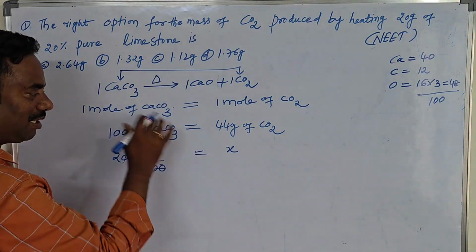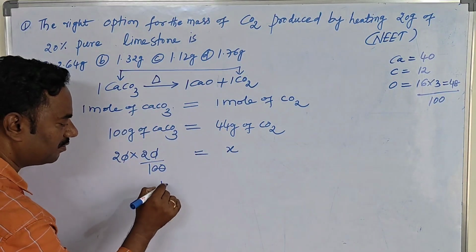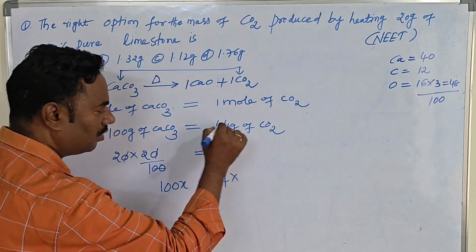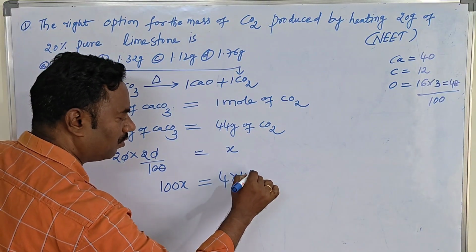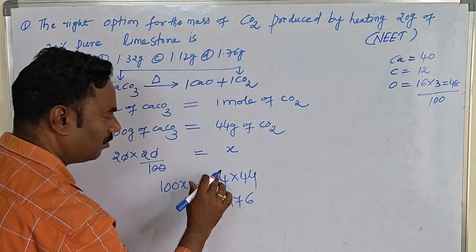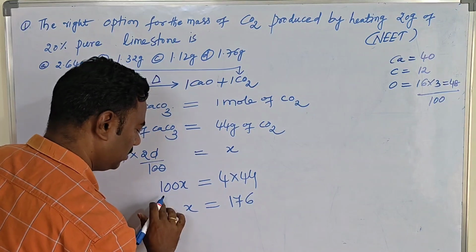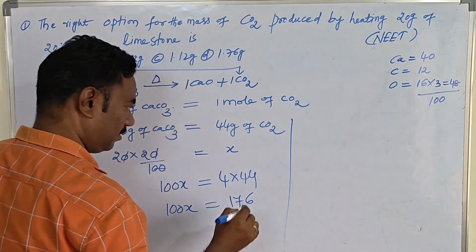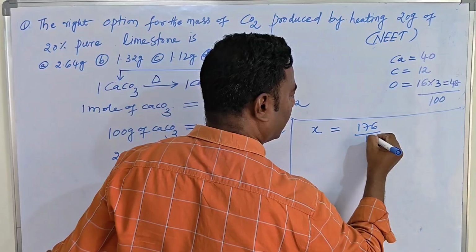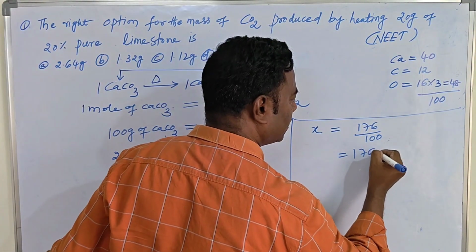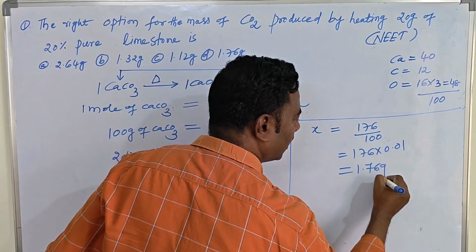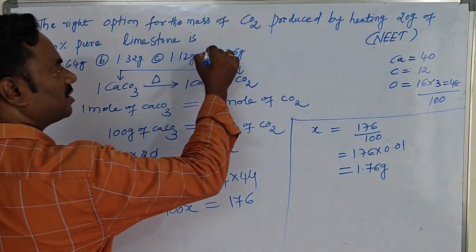Now cross multiply. x into 100, 100x, equals 2 into 2, 4, then 4 into 44 equals 176. So x equals 176 by 100, which equals 1.76 grams. This is our option.